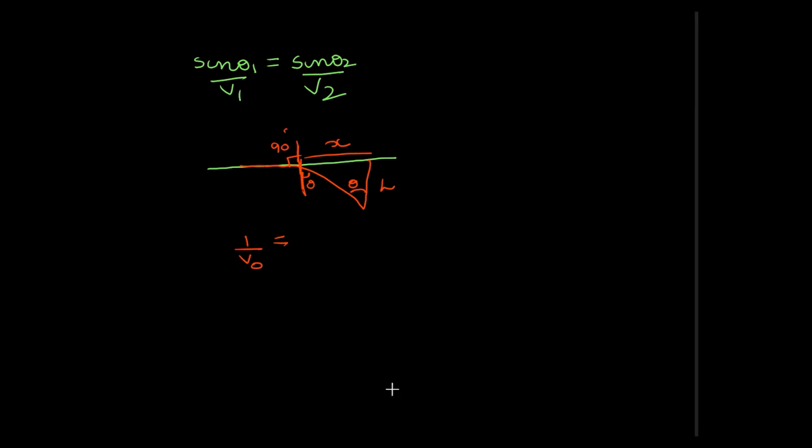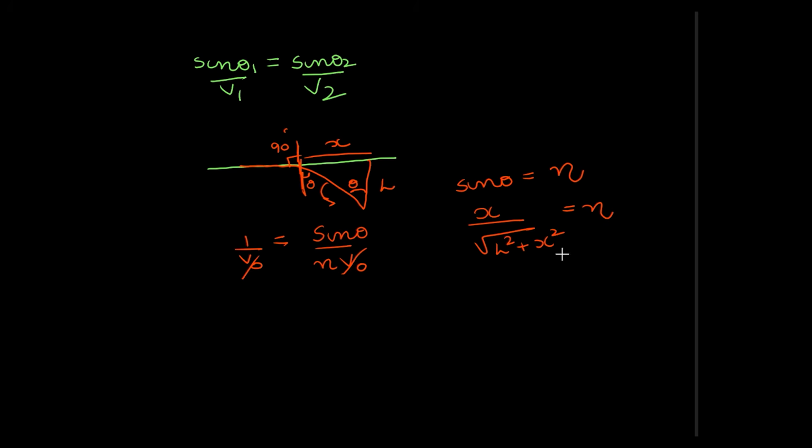So here it becomes 1 by V naught, let's say V naught, is equal to sine theta by eta times V naught. V naught gets cancelled. You came to a conclusion that sine theta is equal to eta. Now what is sine theta? That is x by root of L square plus x square, that is eta.